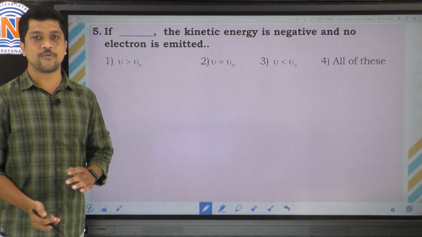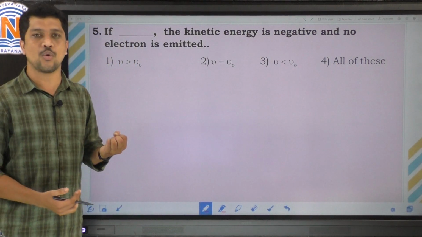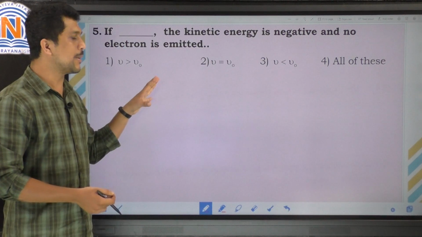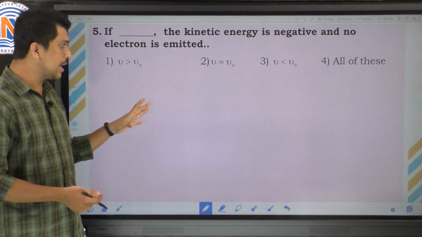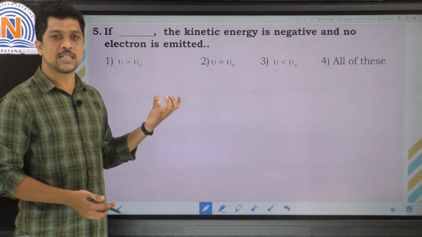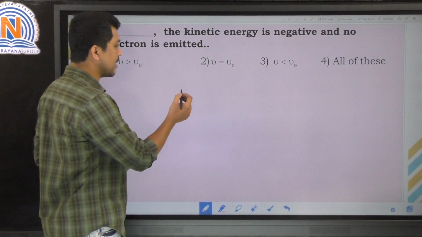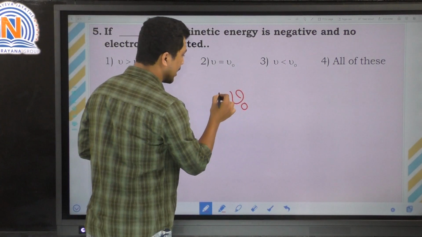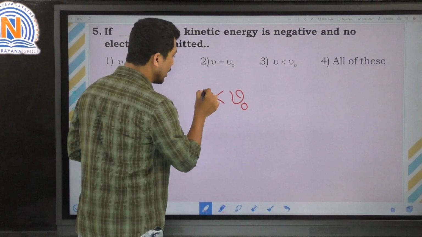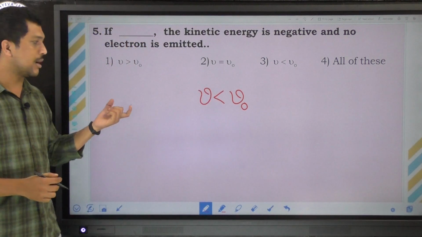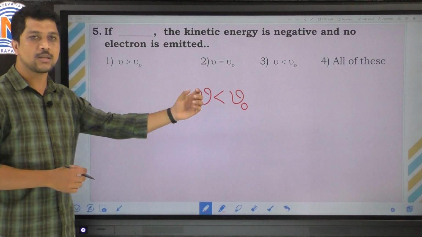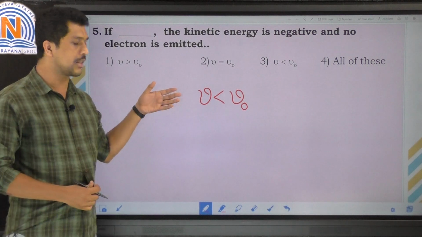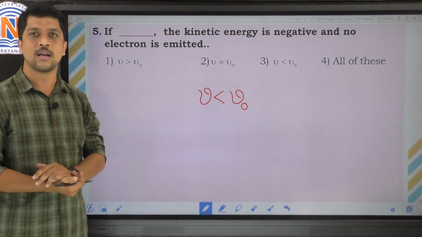So the question is, if dash the kinetic energy is negative and no electron is emitted. No electron is emitted, right? So this is also the same kind as the third and fourth question. So here the threshold frequency is greater than the frequency of the light, that means nu is less than nu 0. Then the electron won't eject, because the number of electrons ejected depends on the frequency of the beam hitting the metal surface.